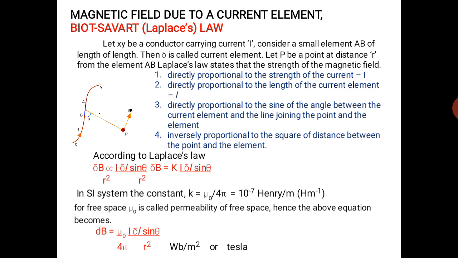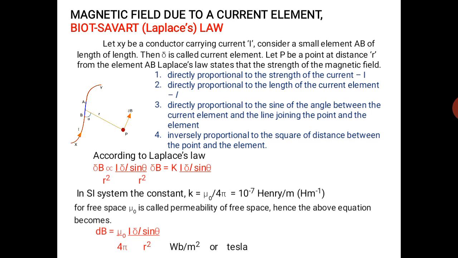In the previous class we also discussed that the unit of magnetic field is Tesla or Weber per meter square. How do we get that? Weber per meter square means the magnetic flux, which is expressed in Weber, per unit area, where the unit of area is meter square.